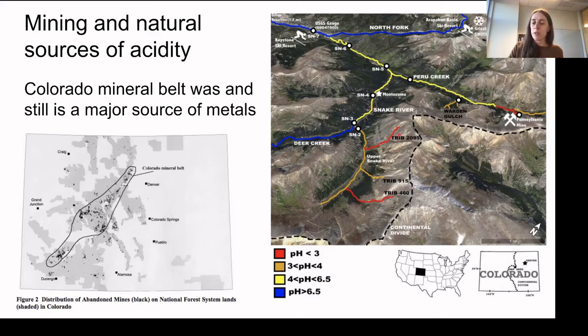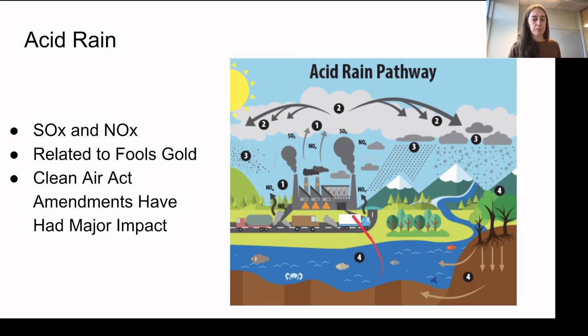So these two really low pH tributaries are just because that water was moving through the groundwater with some oxygen in it, interacted with pyrite, created sulfuric acid, and really lowered the pH of that water naturally. So while mining is a huge source of acidity, it does occur naturally as well.